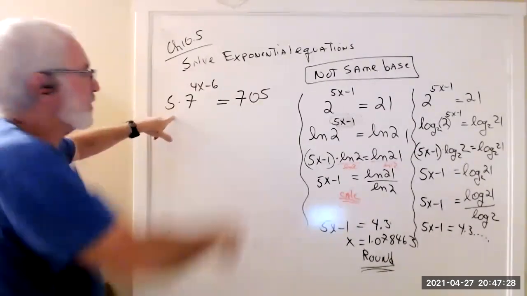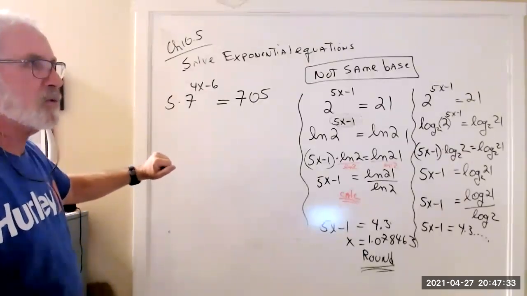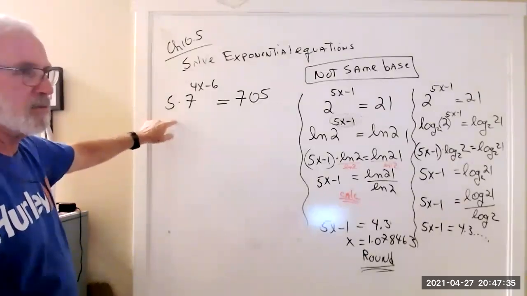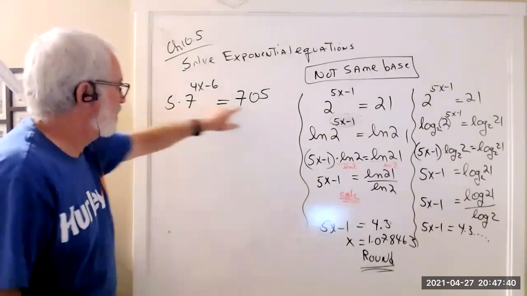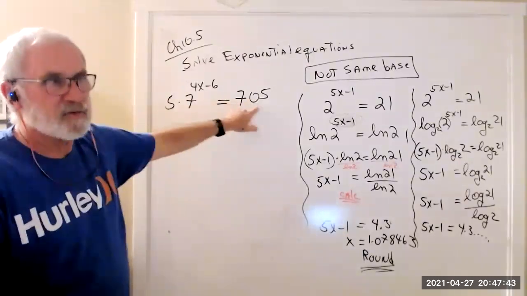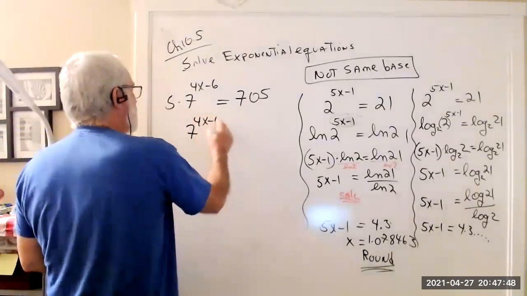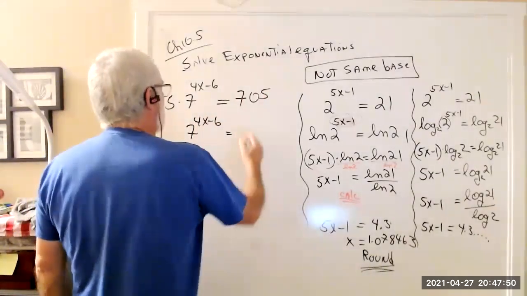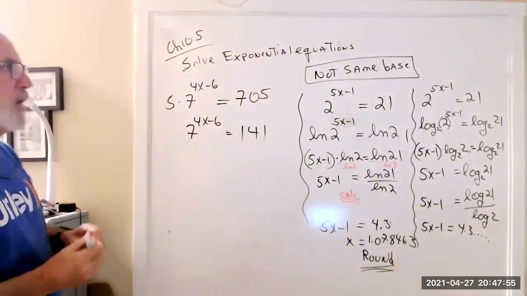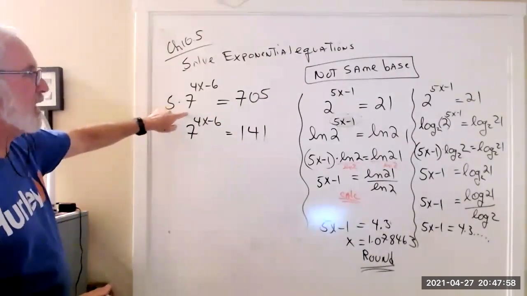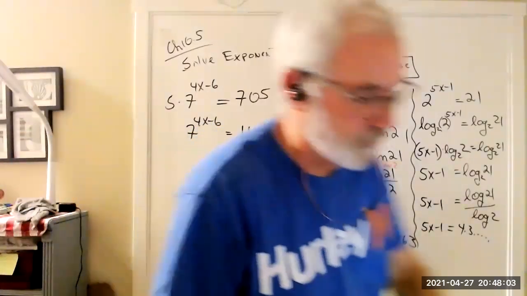So what would you probably do to start this problem? Divide both sides by 5. And so that would give you 7 to the 4x minus 6 equals 141. Okay. So that's a hint. You have to isolate the base before you start this process. Now I'm going to pause while you guys finish it off.